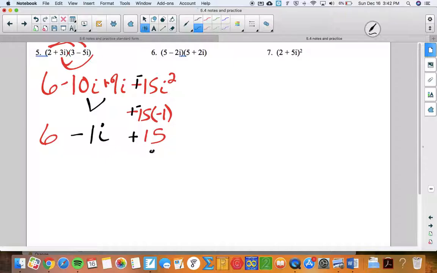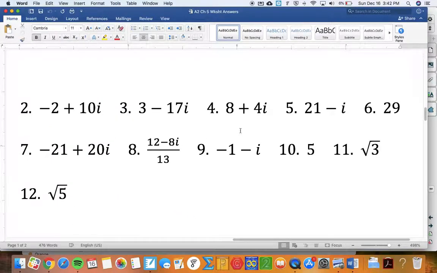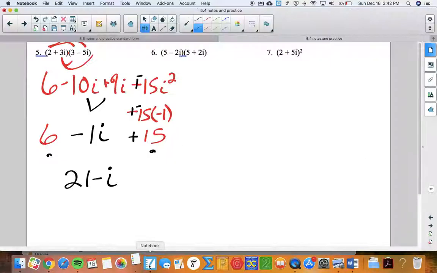And so then I'm not quite done yet. I can combine 15 with 6, which is 21. So we get 21 minus 1i, or just 21 minus i. How does that look? Oops. 21 minus i looks good.